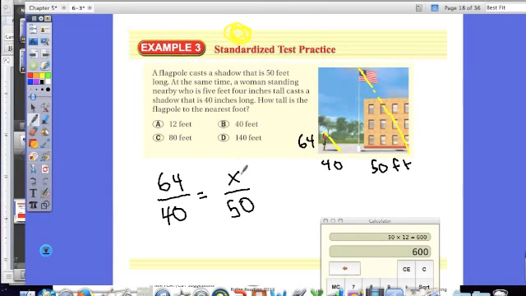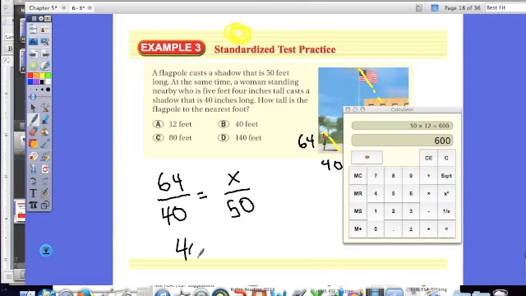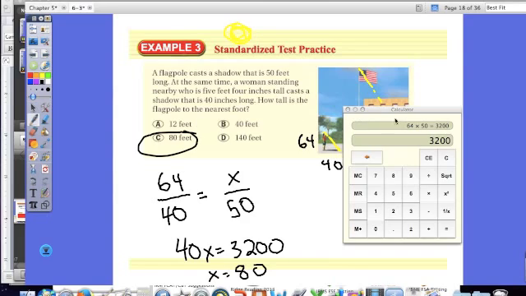This number is going to be in feet. So 40x equals 64 times 50, 3,200. Divide both sides by 40, and you get 80. The flagpole is 80 feet tall.